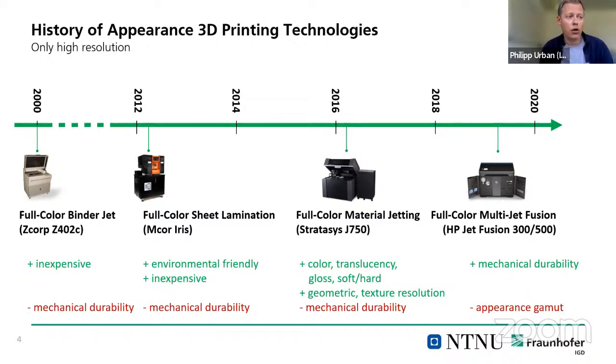In contrast, material jetting is able to print a big variety of different appearance attributes, from color, translucency, gloss effects, and even haptic appearance properties like soft and hard can be reproduced. It can create high geometric details and high texture resolution.